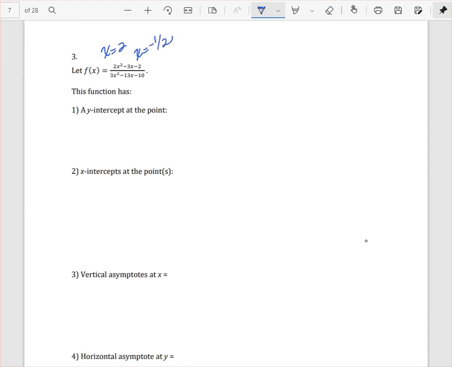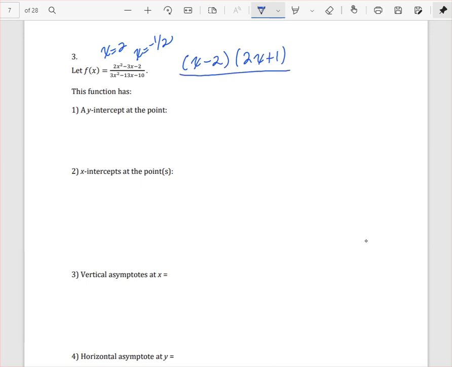And I'm going to put them here because that's going to help me know if I'm missing anything. So then, if it was factored, it would be x minus 2, 2x plus 1.